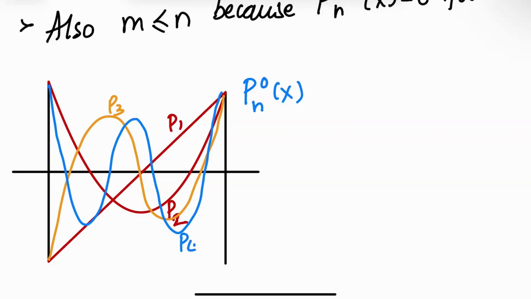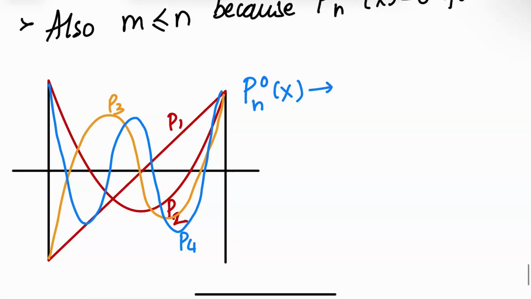This is P4 and so on. Okay, so they look like some kind of functions, polynomials really. In fact, when the order is 0, these are called the Legendre polynomials. Okay, so they do have simple polynomial expansions when the order is 0.